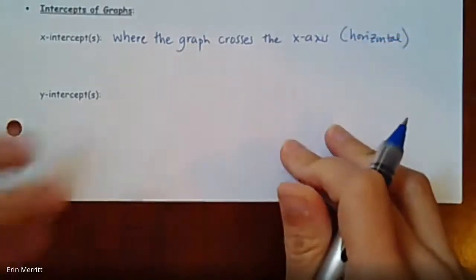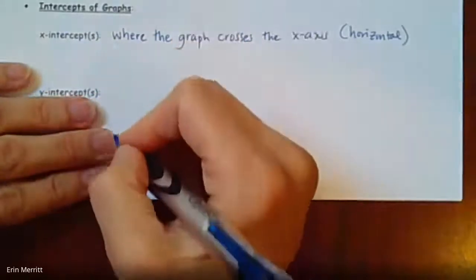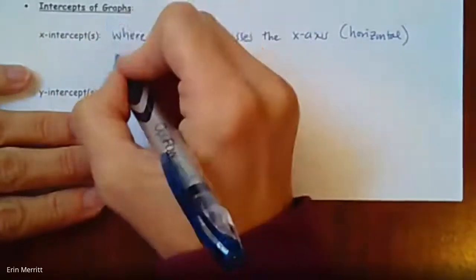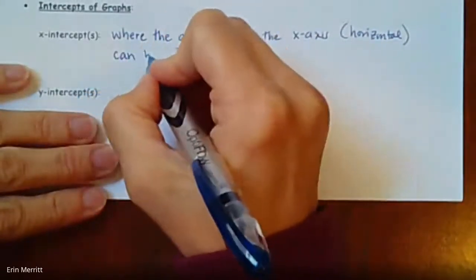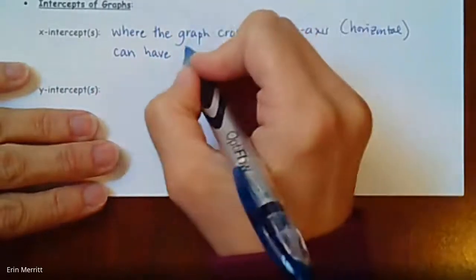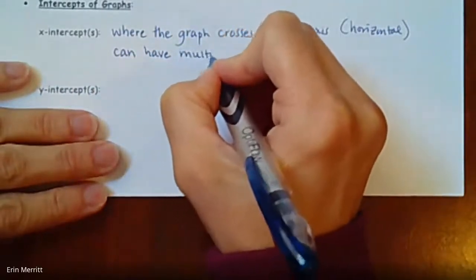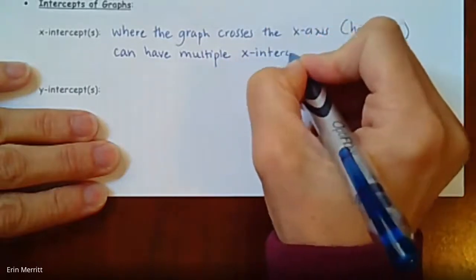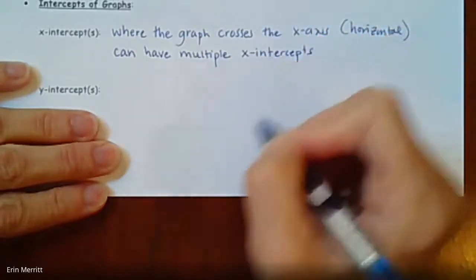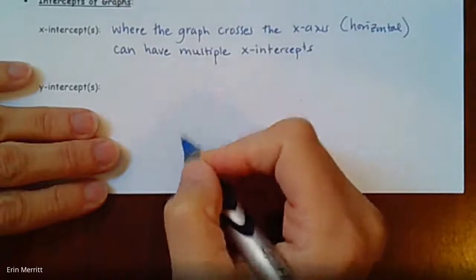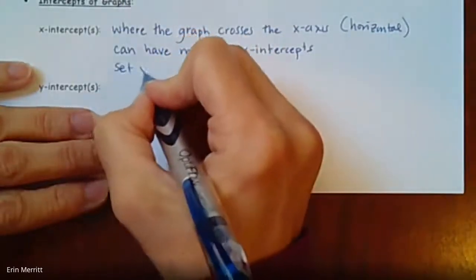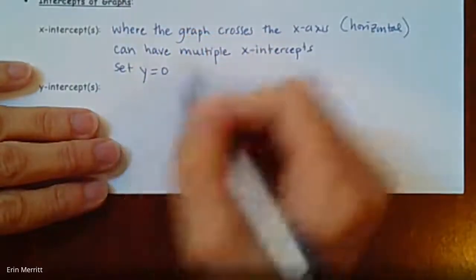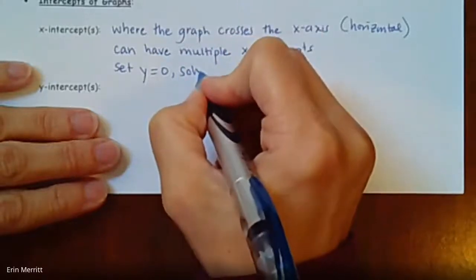Sometimes that's good to know. There definitely can be more than one x-intercept on the same graph. And then how we solve for it is you would set y equal to 0 and solve for x.